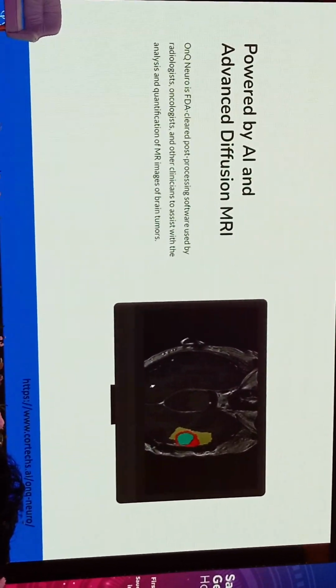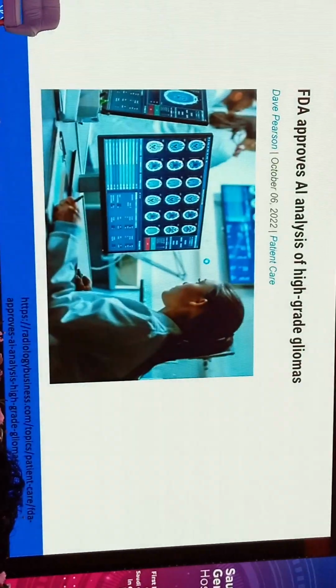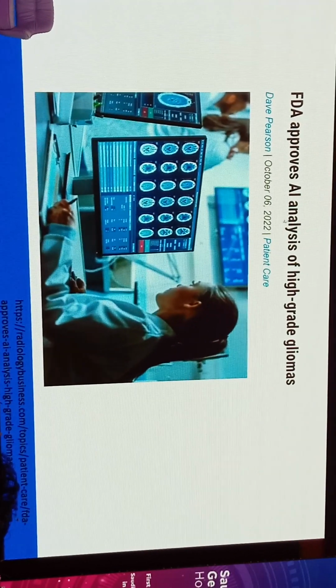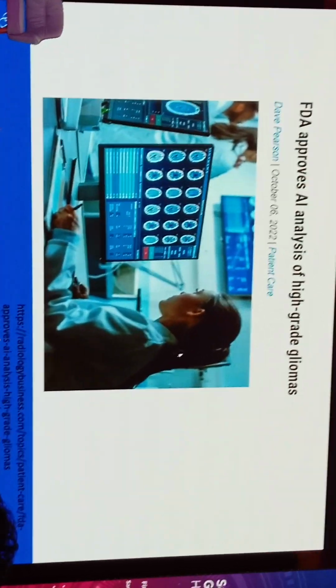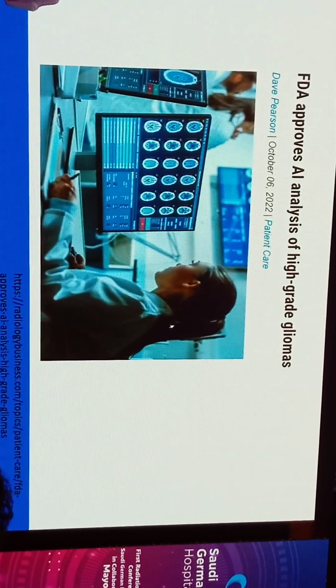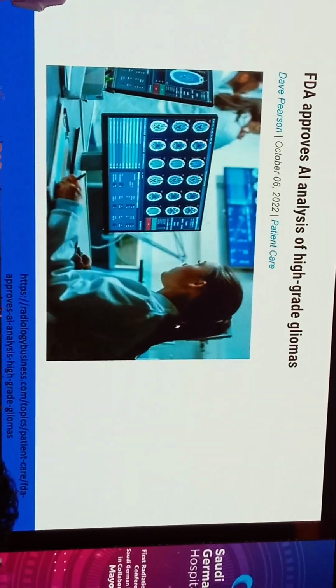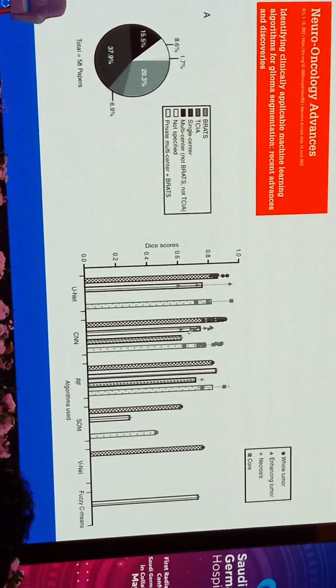There are other vended solutions that are coming online that offer segmentation for tumors. Even an FDA-approved AI product for high-grade gliomas. And so I think that we will see that more and more the delineation of targets is also done by computers, but we need strict quality assurance and human oversight.